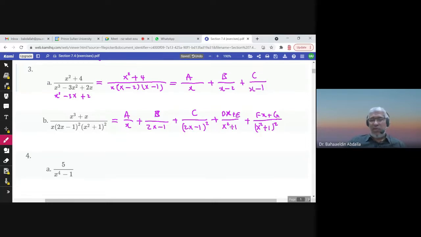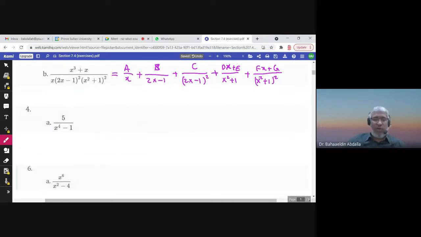For any irreducible quadratic factor, you put a polynomial of degree 1 in the numerator. Let us factor the denominator. Difference of two squares can be factored into x squared minus 1 times x squared plus 1. And then x squared minus 1 can be factored, again using difference of two squares, into x minus 1 times x plus 1, and we have x squared plus 1.